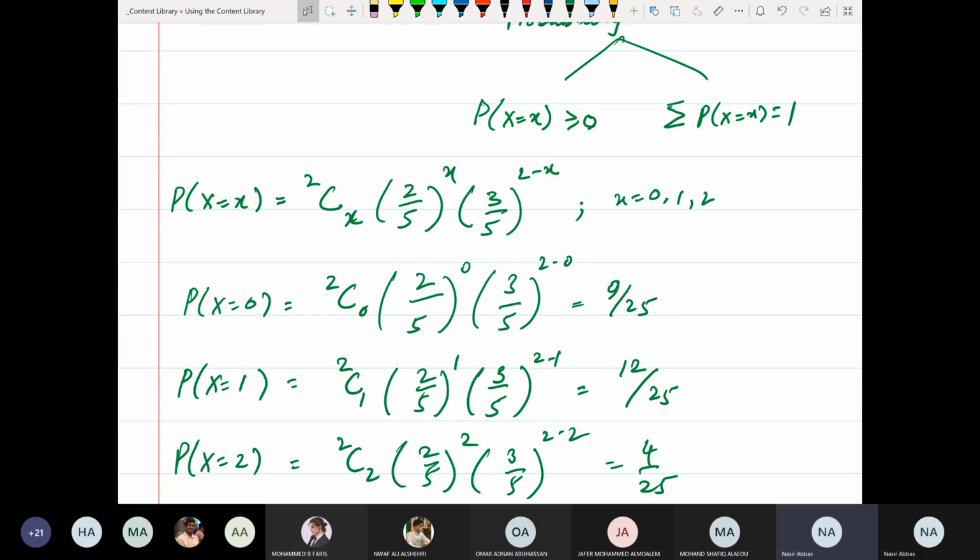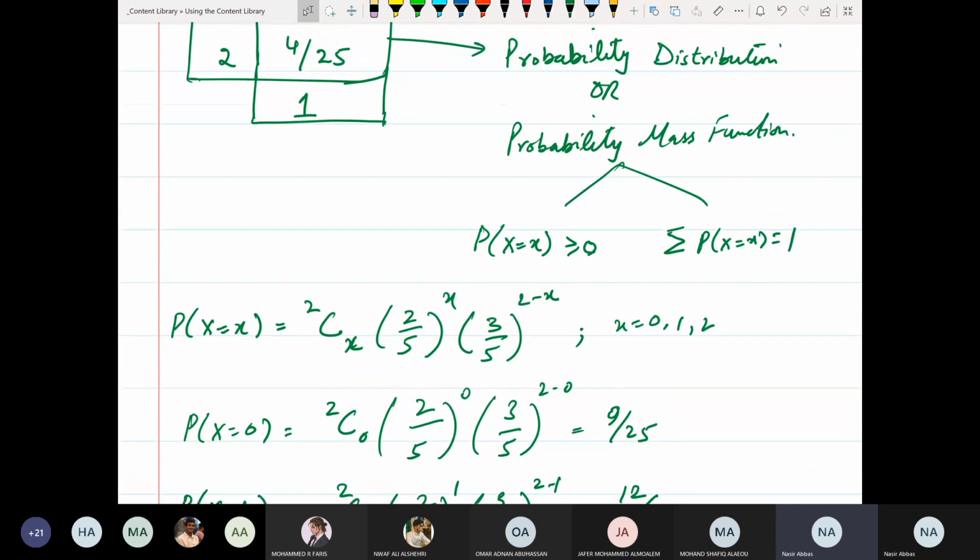Now don't ask me how I got this function. I'm only trying to say why I called it a probability mass function, because this table can also be written as a function. We don't expect you to write it as a function, but this can be written as a function. That is why we also call it a probability mass function. And if you look carefully at this function, you'll be able to see that the probabilities are simply functions of x values.